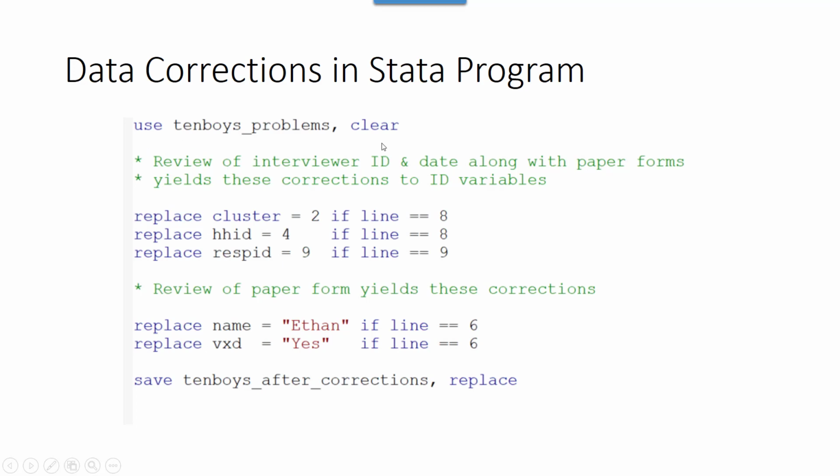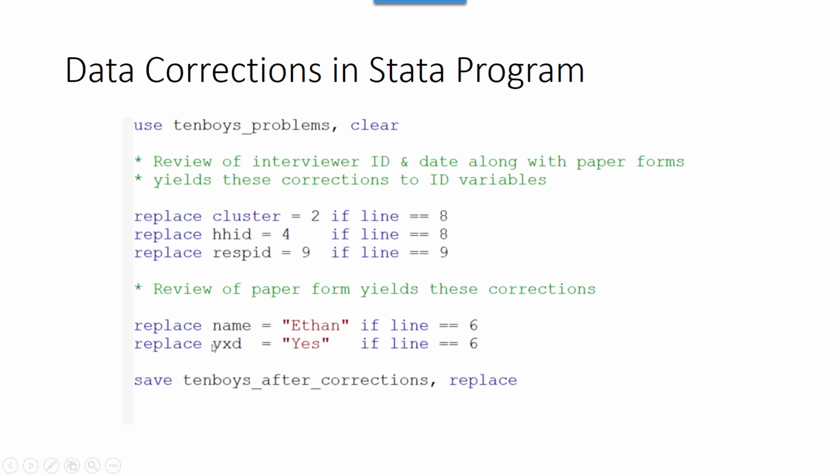I load up the dirty data set, and then here are the 5 lines of Stata syntax that will help me clean it. For the ID variables here, I'm replacing the values and cleaning up the ID variables first. That's my personal practice. And then there are 2 lines here to clean up the other variables. We're going to put Ethan's name in line 6 over in the name column instead of the VXD column.